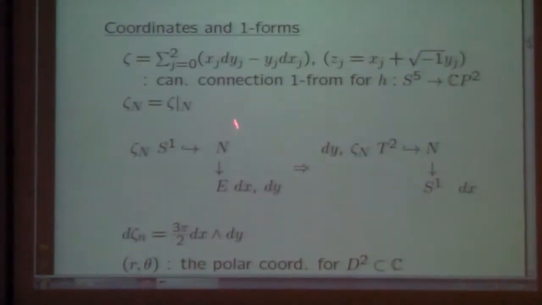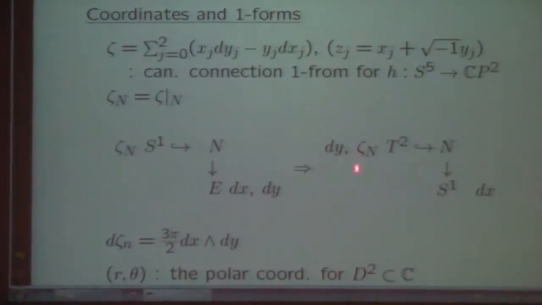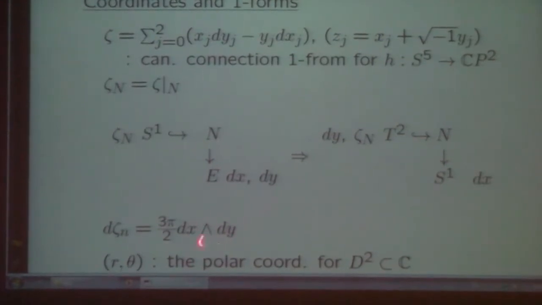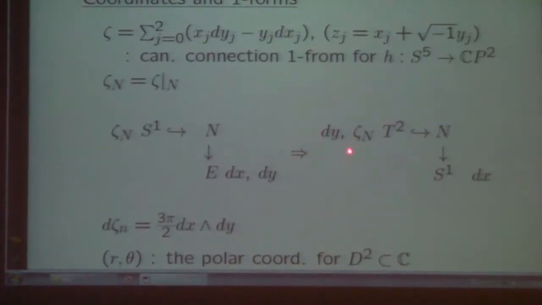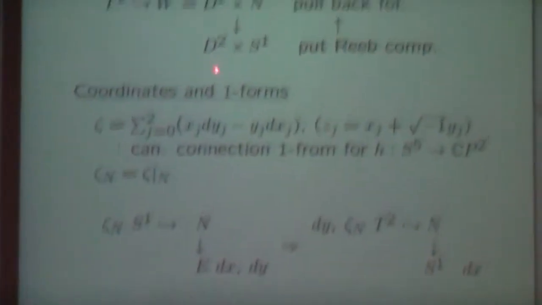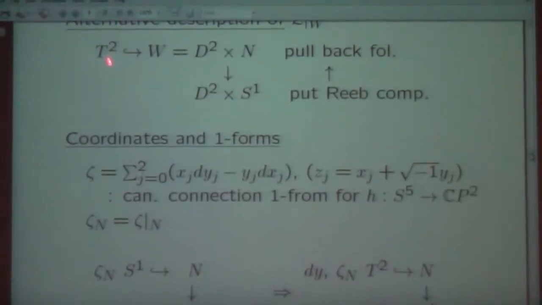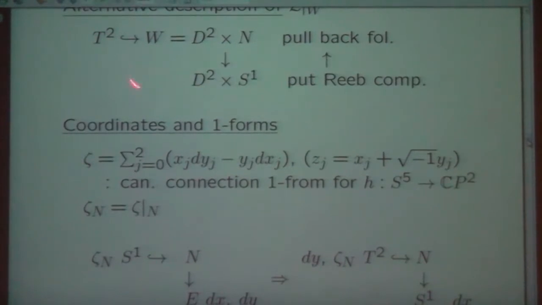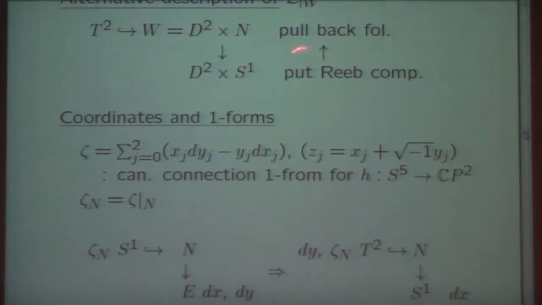And it is a closed form, because if you take d of zeta_N, it contains a dy component, so dy wedge zeta_N is a closed 2-form. So dy wedge zeta_N is defined on W as a closed 2-form, which restricts to each fiber as a natural area form, which is preserved by the monodromy.